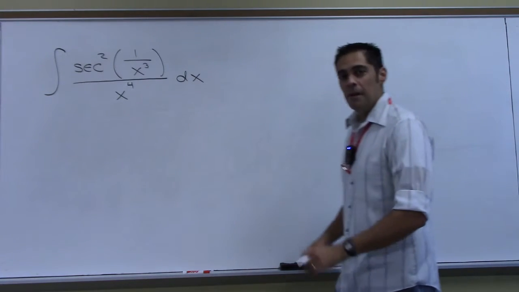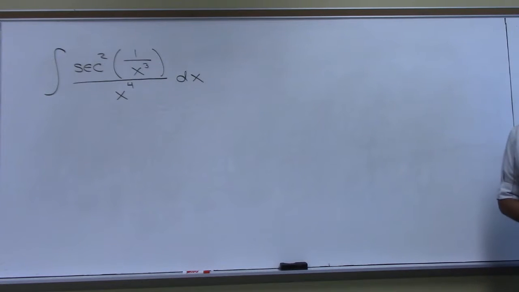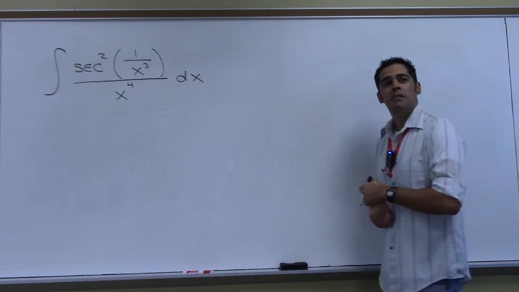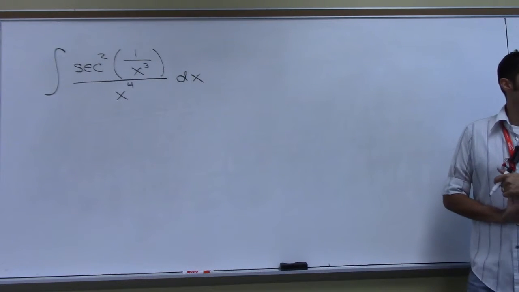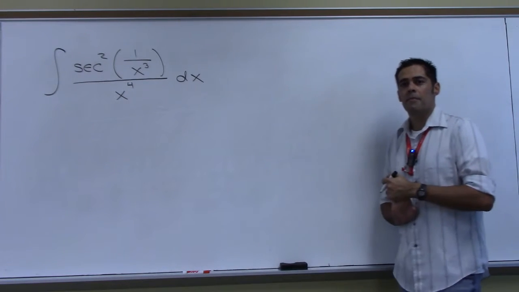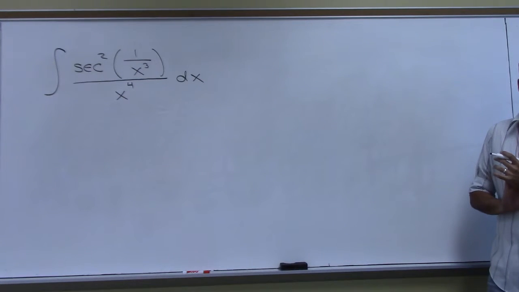All right, any volunteers for a candidate for u? x to the 4th? Because you see its derivative? What's its derivative? 4x to the 3rd. Do you see x to the 3rd? Okay. That's why I put this problem up here, because that's not correct. That's not going to work.